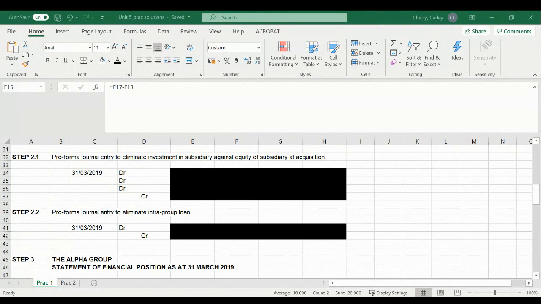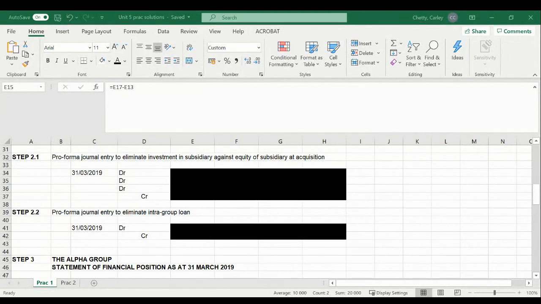But we need to consider, is there anything else we need to eliminate? We have eliminated the investment in Beta in Alpha's books, raised goodwill, and eliminated the equity in Beta. But now we need to see if there are any intra-group transactions or balances that need to be eliminated. Someone is saying we must have a look at the loan, which is 100% correct.